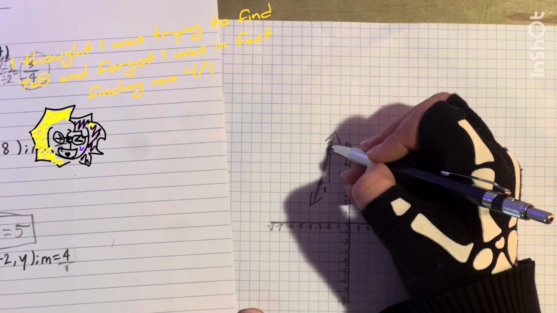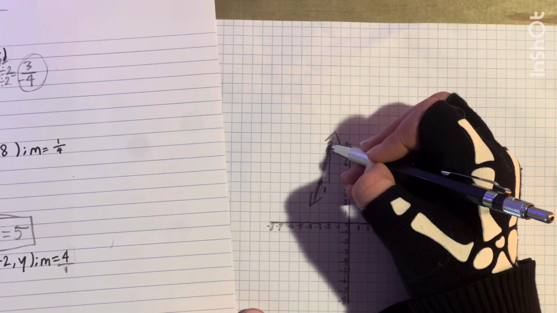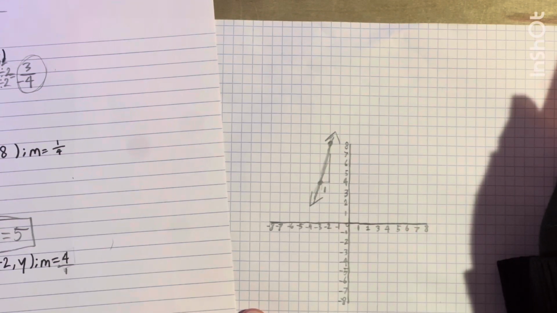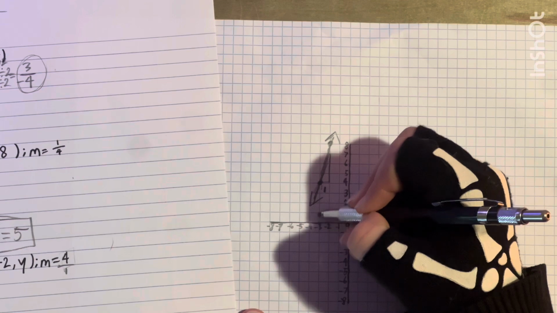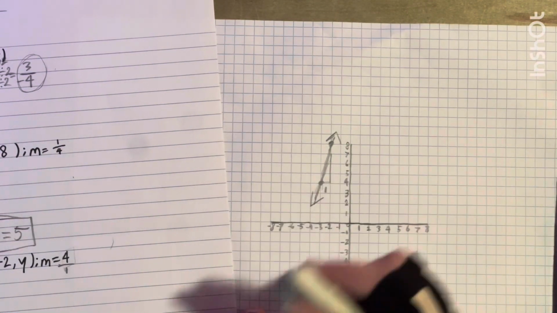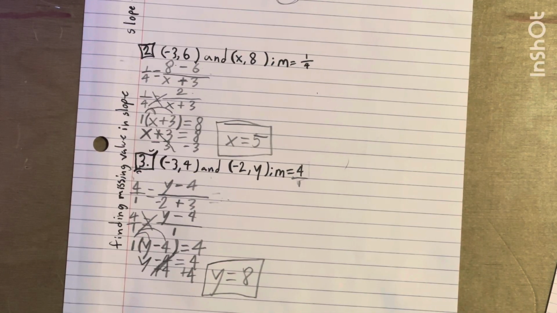Hold on. Did I mess up? Negative 3, 4. Negative 2. I did mess up. Not here though, this is correct. Here I messed up. How?